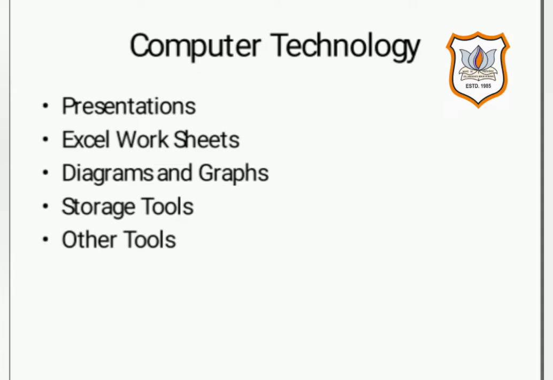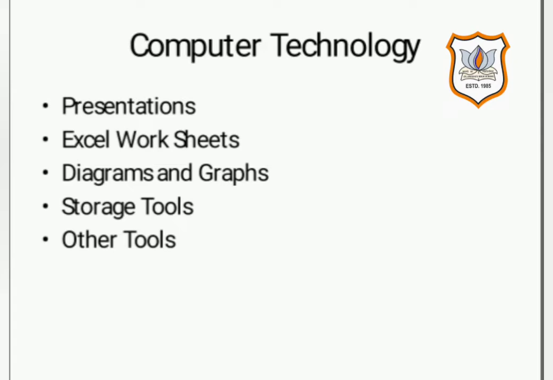Next one, that is storage tools. Economics deals with a lot of data, and this material is very much useful in our higher studies or even for research. But when we store it in physical form, in the form of notebooks or books, then there is a fear of losing such material due to moisture or even pests.